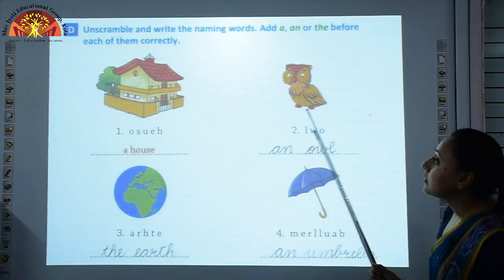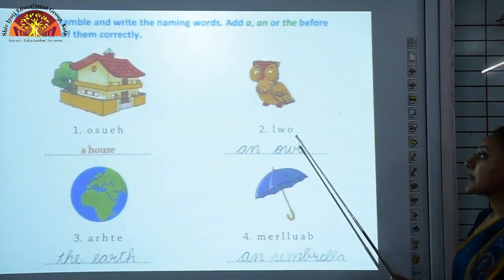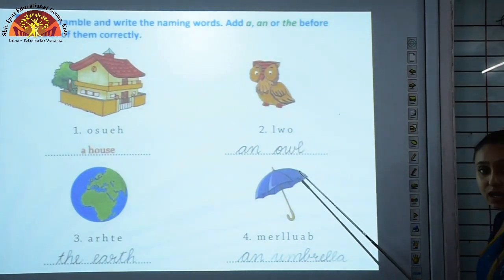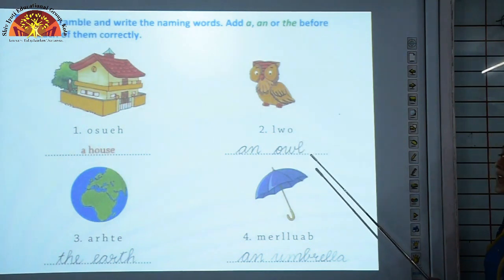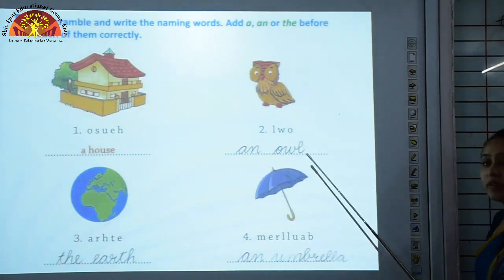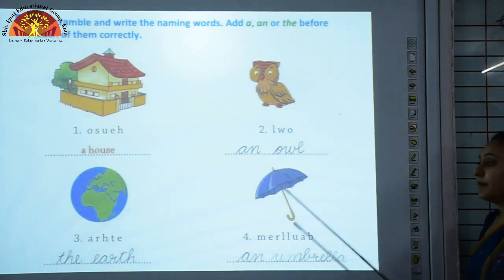A house, H-O-U-S-E, house. Now look here children, this is the picture of the bird owl. Letters given to you are L, W, O. So it will become owl, O-W-L, owl, and owl is a vowel sound word, so we will add n before owl, A-N, O-W-L, an owl.